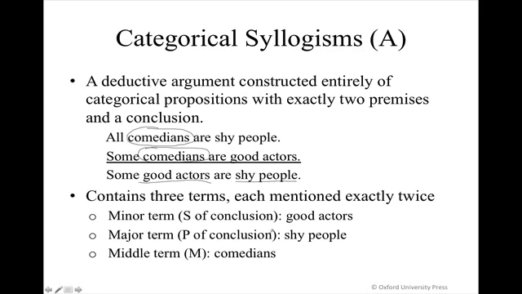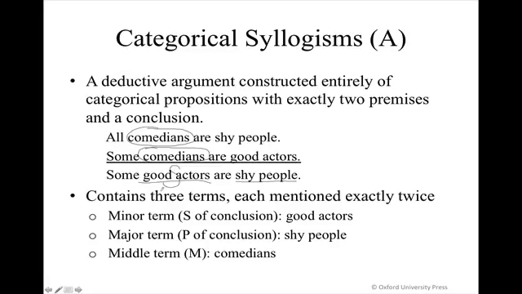First, let's talk about the minor term. The minor term we label as S, and this is the subject class of the conclusion. So you already know from Chapter 5 that a single categorical proposition includes a subject class and a predicate class, and the subject class is the grammatical subject of the sentence.